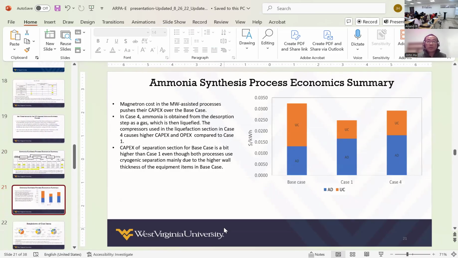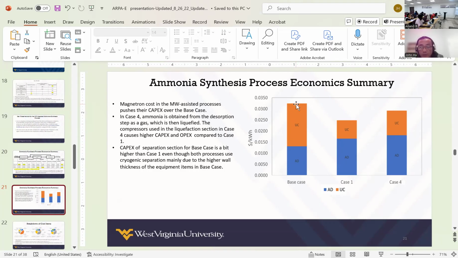So this is from TEA, ammonia synthesis process, and an economic summary. So in base case, remember base case is the Haber-Bosch case. There's utility cost, there's the depreciation cost, and then on the case 1 and case 2, case 4, there's the utility cost and also the depreciation cost. Okay, so overall, you're adding the utility cost and the depreciation cost.